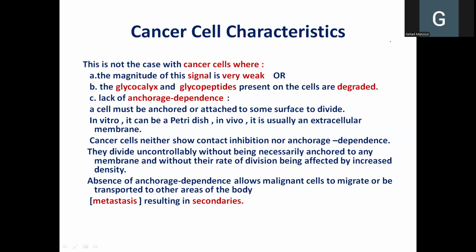We have said before that being anchored means being attached to something, and usually that something is the basement membrane. So in order for the cells to divide securely, they must make sure that they are standing on solid ground, and that solid ground is usually the basement membrane.